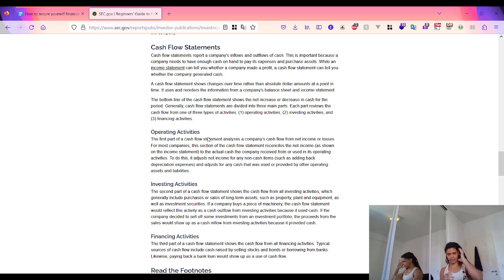And generally, cash flow can be divided into three types: operating, investing, and financing. Okay, so operating activities is the first part of any cash flow statement.